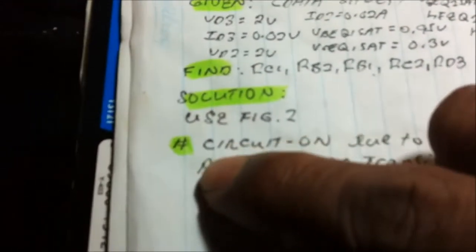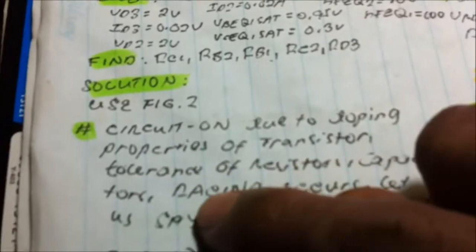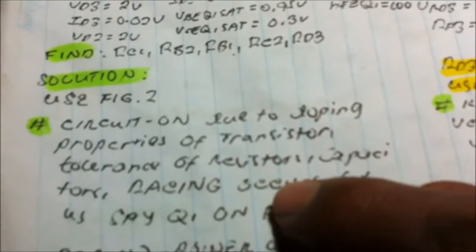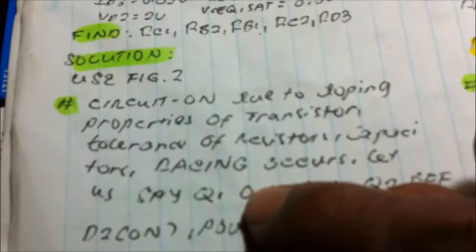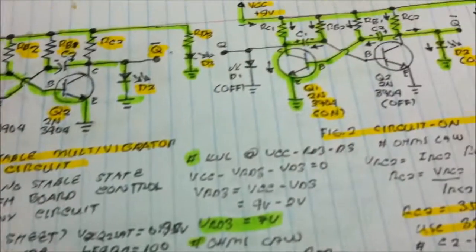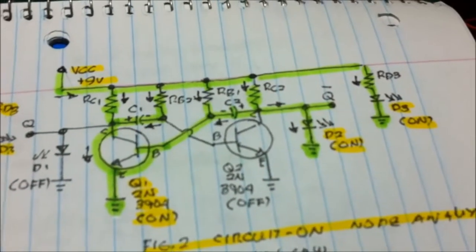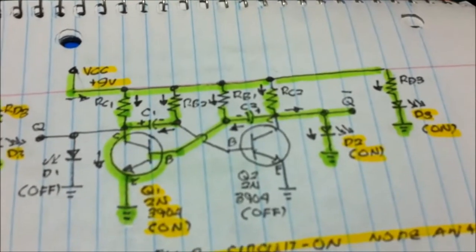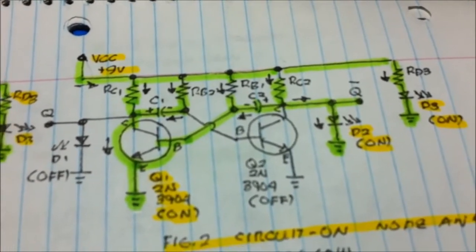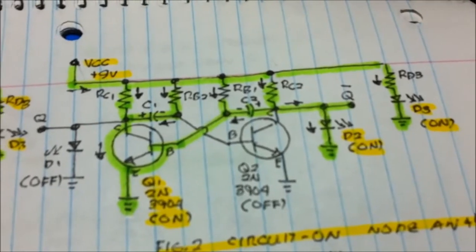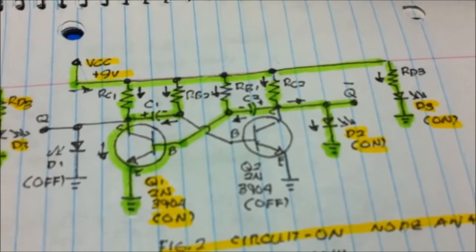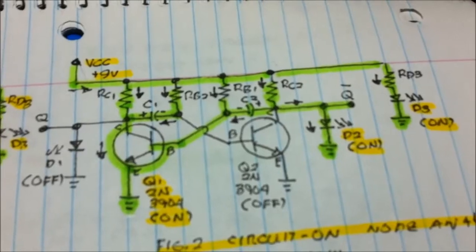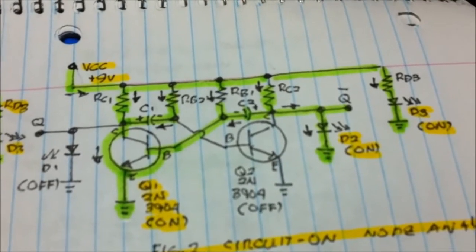When you turn the circuit on, due to the doping properties of the transistor and the tolerance of the resistor and capacitor, racing occurs. That is the characteristic of this circuit. The racing occurs due to the doping properties and the tolerance of the transistor.